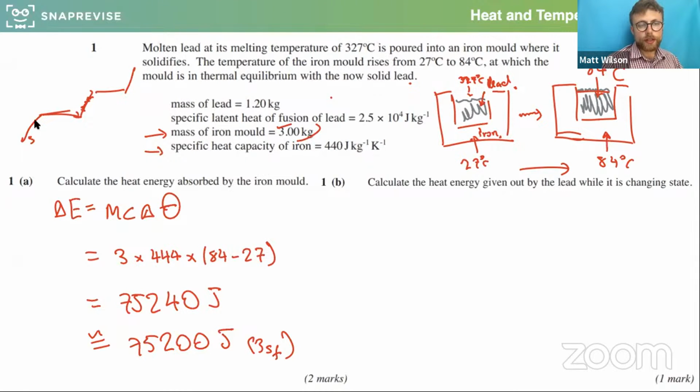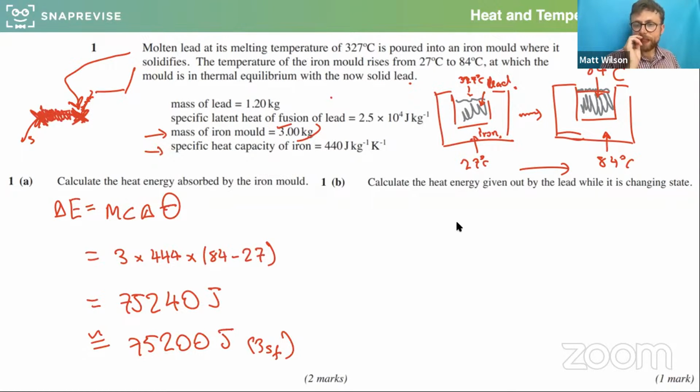Well, if I had solid here, it would melt along here. So it's at this point here. This is our molten lead at melting temperature. The heat energy while it changes state: the molten lead was initially a lot hotter. It's going to become solid as it gives its energy to the iron mold. So we're looking at the energy released as it gets to this point here.